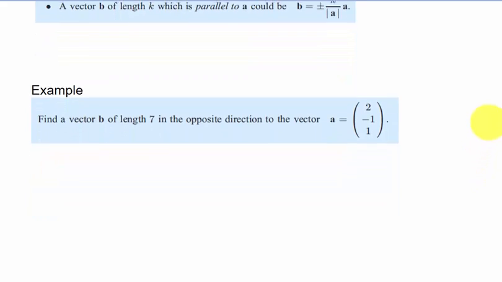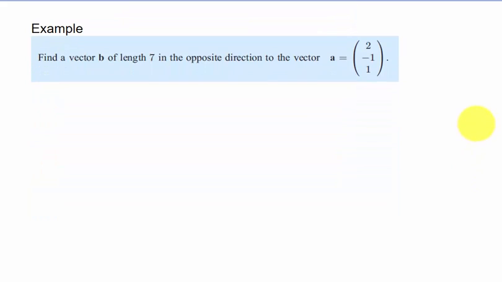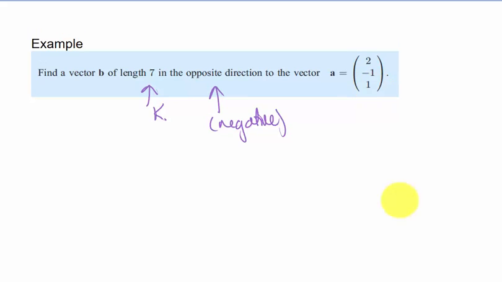So how is this used? Here's our example. Find vector b of length 7, so that's our k, the opposite direction, so we would need to use a negative, to the vector a is equal to 2, -1, 1.